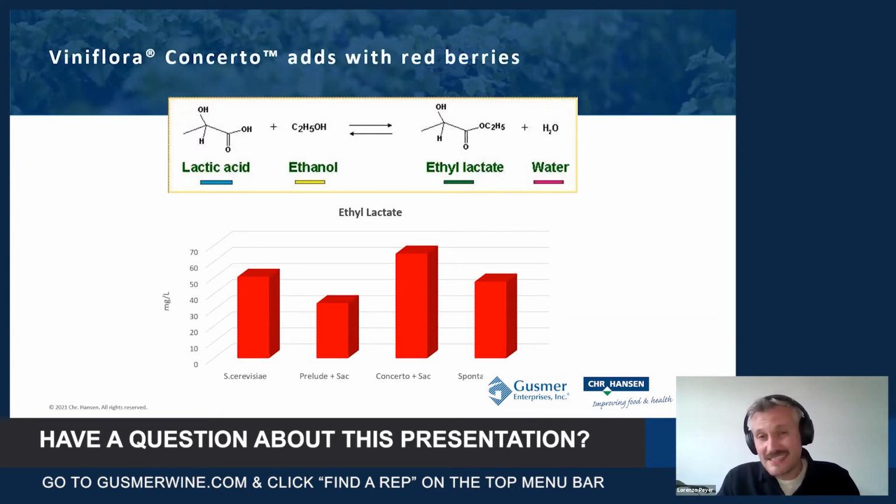And ethyl lactate is a flavor compound that can be reminiscent of strawberry, but also some coconut, a little bit of this creamy sensation. And you can see that if you add Concerto in this kind of wine, you can increase this flavor, as a final note.